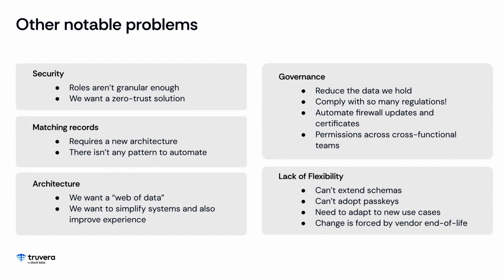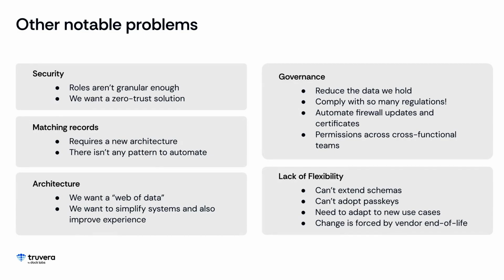Matching the database record to the right consumer or employee is a real challenge. Some people said it requires a new architecture to deduplicate records reliably. Another said it's always a manual process to recognize when somebody's in the system more than once because there's no pattern to automate. And so a new architecture is needed to address that.